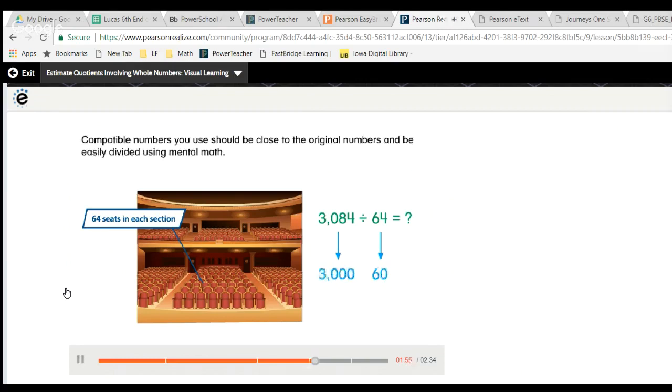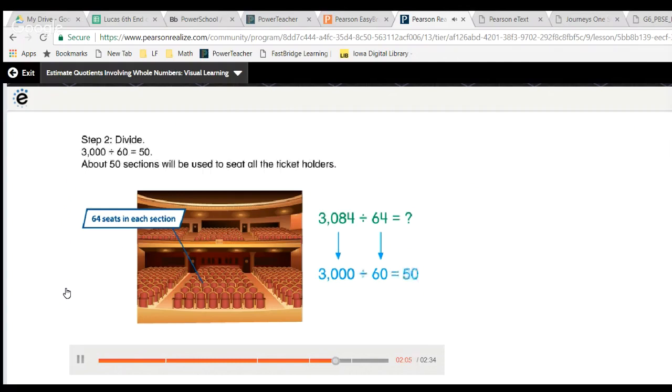Compatible numbers you use should be close to the original numbers and be easily divided using mental math. Step 2. Divide. 3,000 divided by 60 is equal to 50. About 50 sections will be used to seat all the ticket holders. Let's go ahead and try this and see what it looks like.